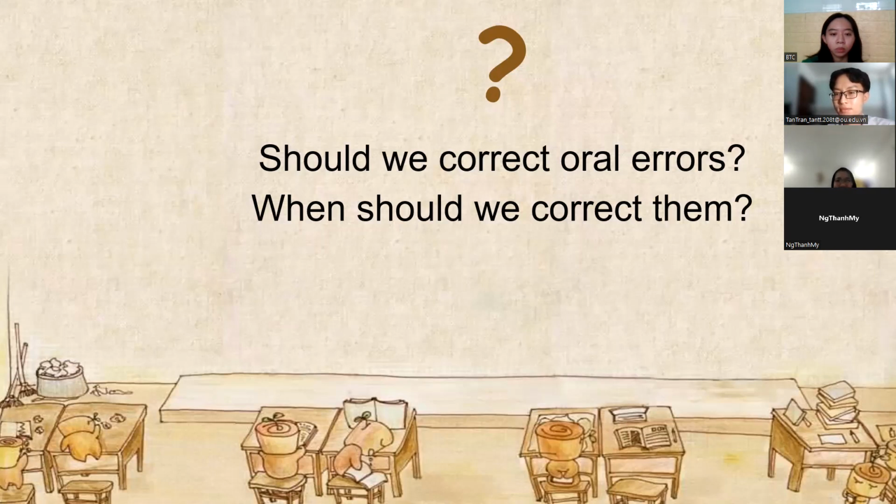Okay, thank you for sharing. The two of you did a great job. That's exactly what I'm doing. Should we correct oral errors or not? Next slide to show the answers.